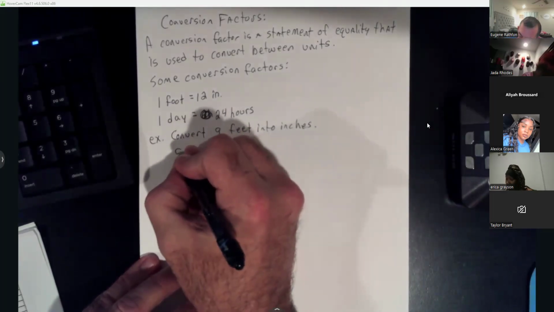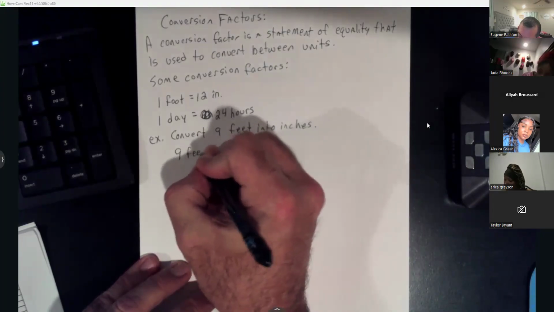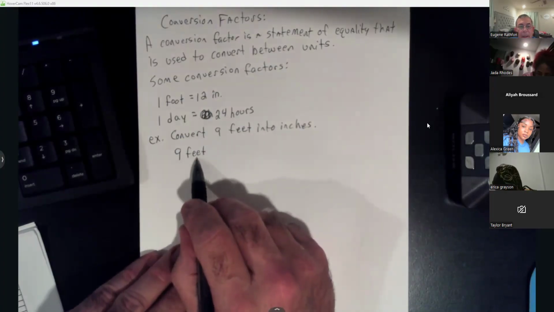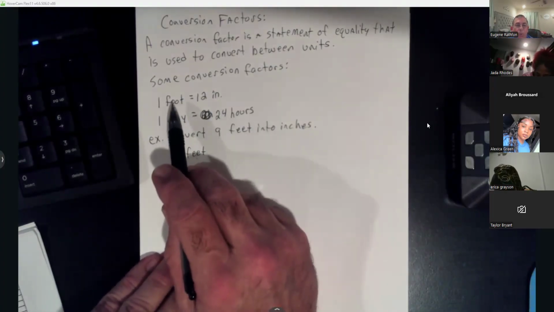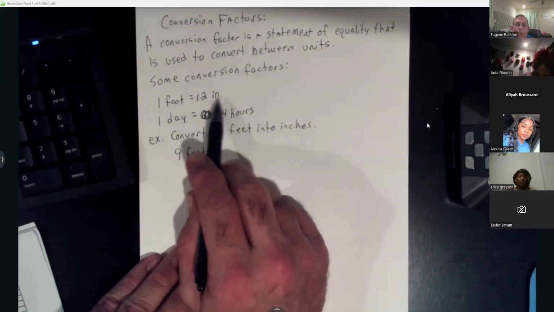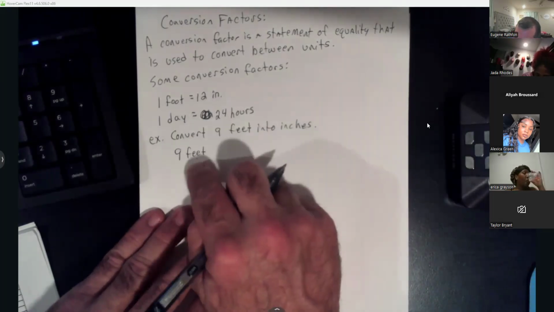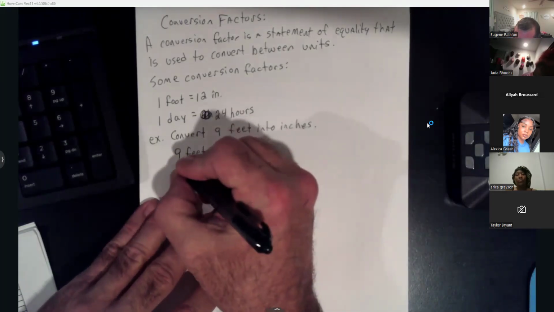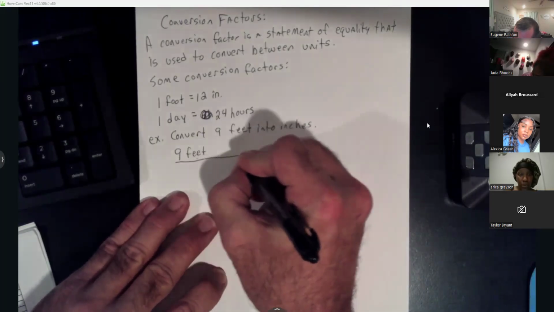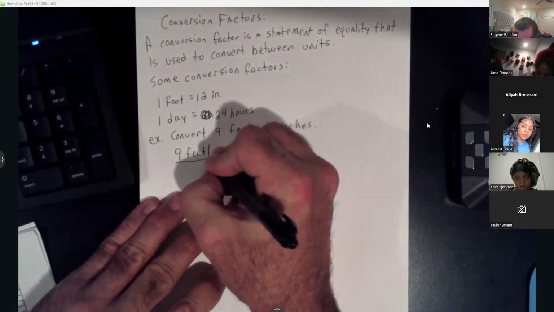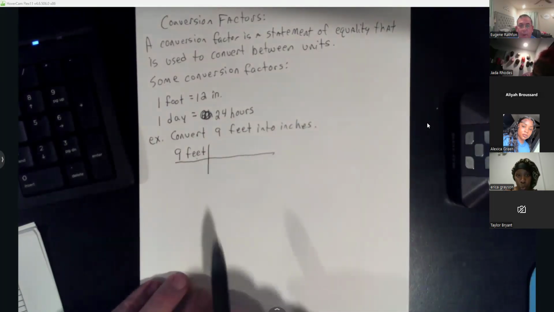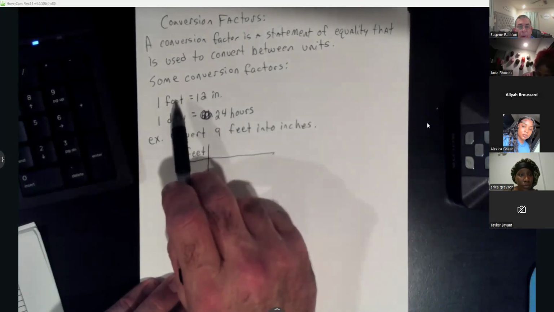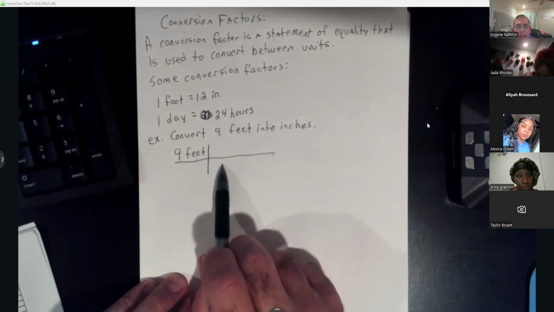All right, so we'll start with 9 feet. Now, our conversion was for every 1 foot was 12 inches. Now remember, I'm wanting to cancel the feet out and end up with inches. So I'm going to show you all a way that I do my unit conversion. 9 feet. Now I'm going to look at the ratio here. And I need to cancel the feet out.